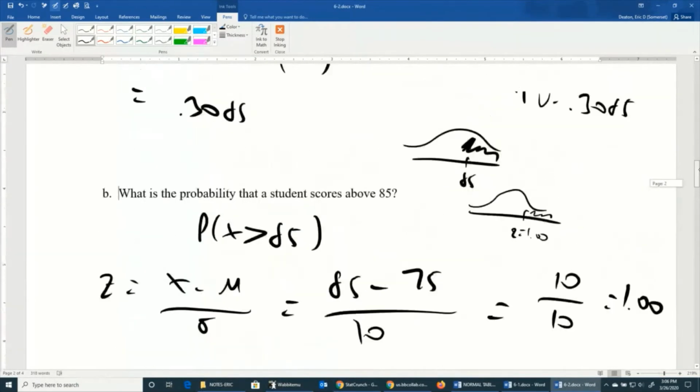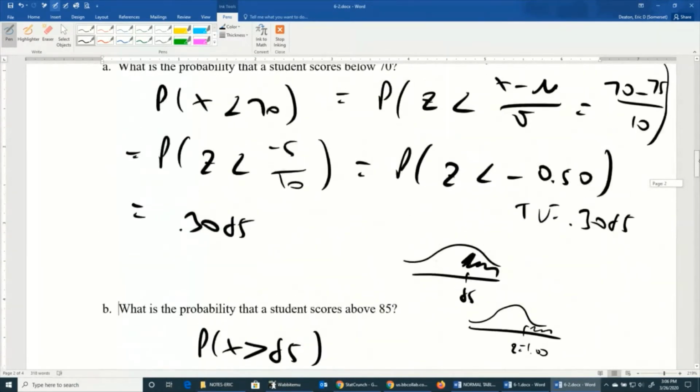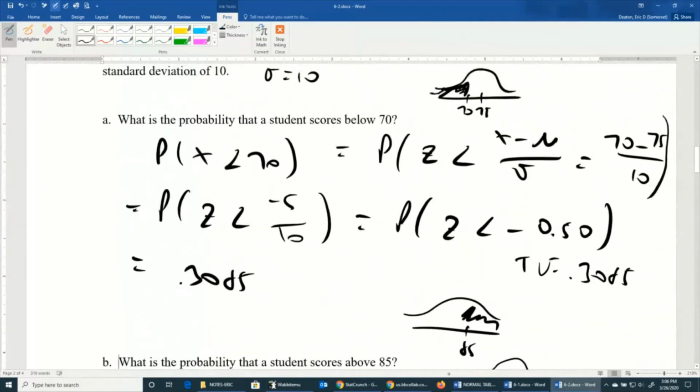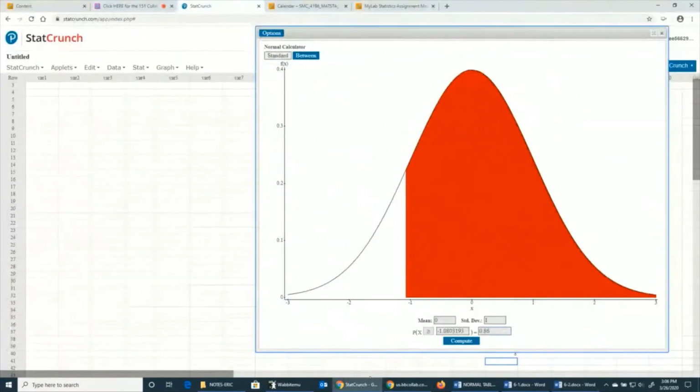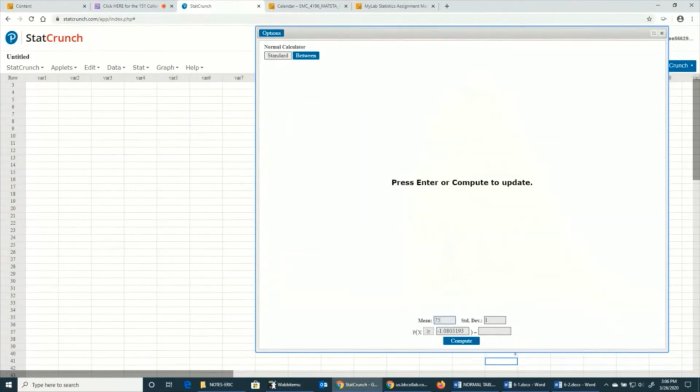But a better way is, as you can tell, stat crunch. So we're doing below 70 with the mean of 75 and standard deviation of 10. Stat crunch. Watch this. The mean is 75. Standard deviation once again, 10.